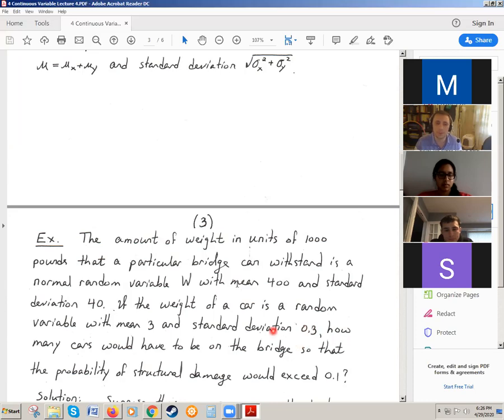W is basically the weight at which the bridge begins to incur structural damage, and it's normally distributed. Depending on the situation, it might be more, it might be less. Can you figure out at least how to set up this problem?